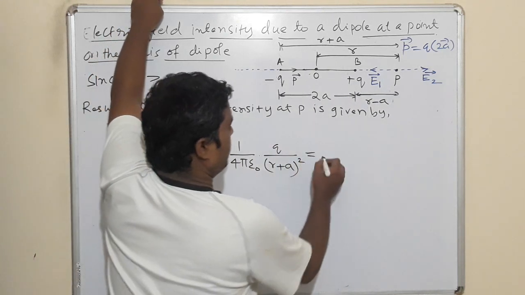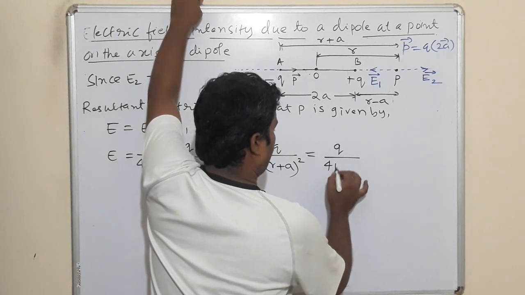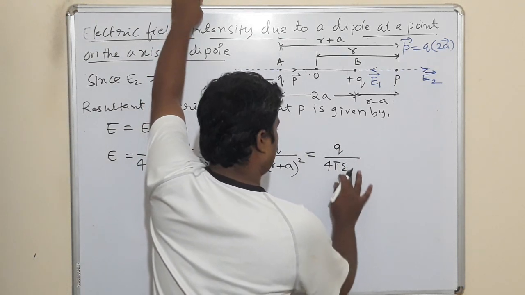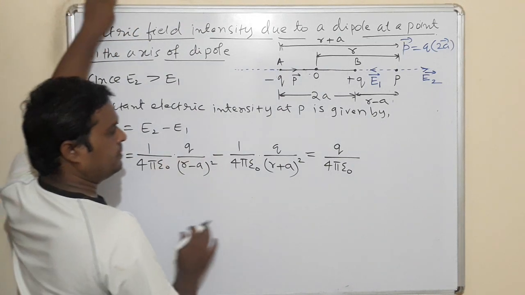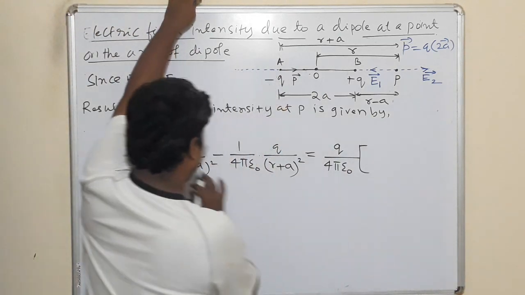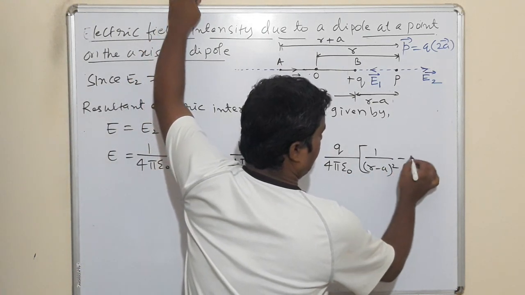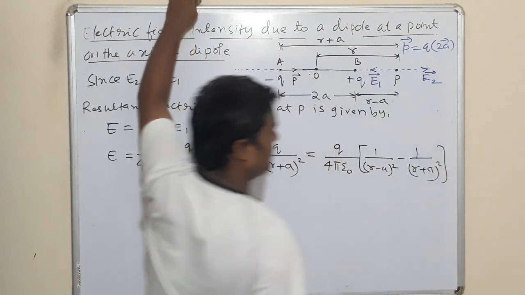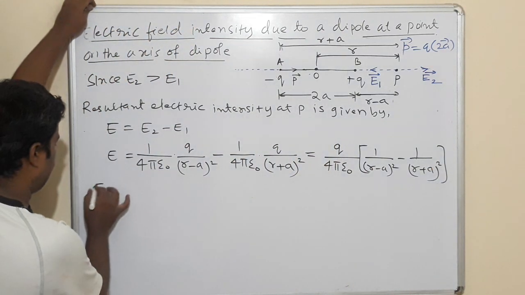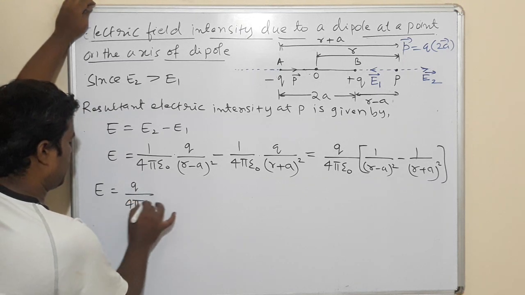Then this will be equal to, what is common? Q divided by 4 pi epsilon naught is common. Then what will remain here? 1 divided by R minus A whole square minus 1 divided by R plus A whole square. Then E is equal to Q divided by 4 pi epsilon naught common.